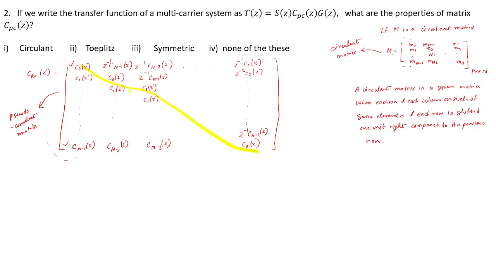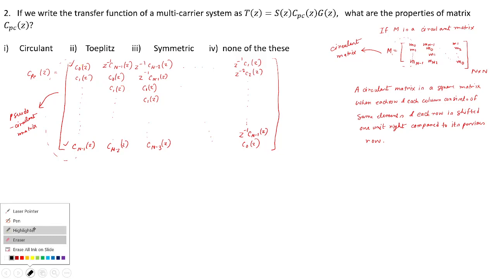Sorry for the drawing anyway, because this is a dull structure I have drawn, but just a moment. Okay, let me try to highlight in a good manner at least.